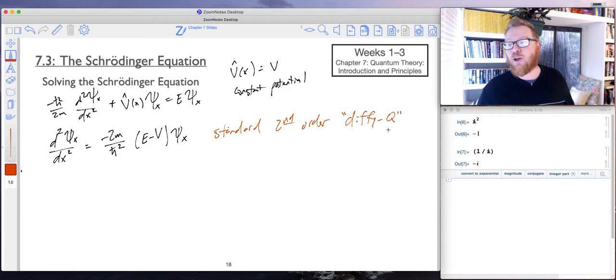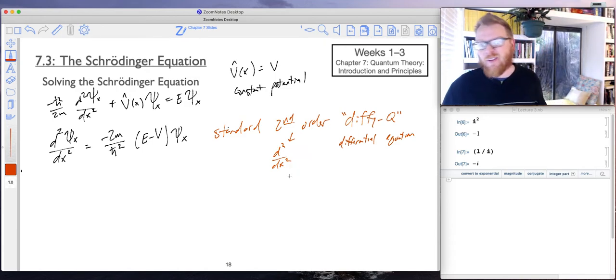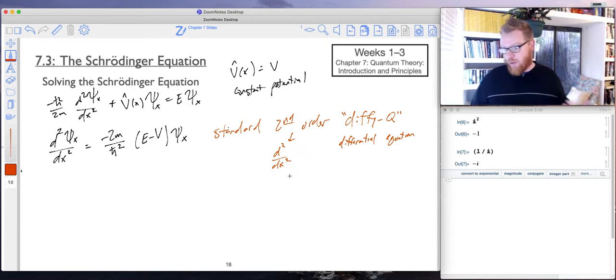So where diffie q is my little abbreviation for a differential equation. Okay? Differential equation. And second order meaning the second derivative. So a first order differential equation would be the first derivative. A third order differential equation would be the third derivative.